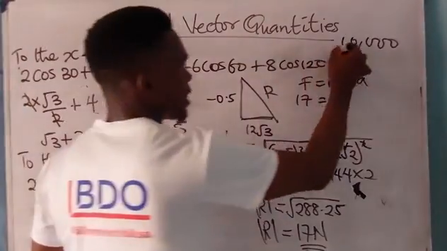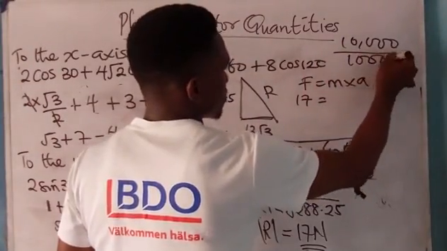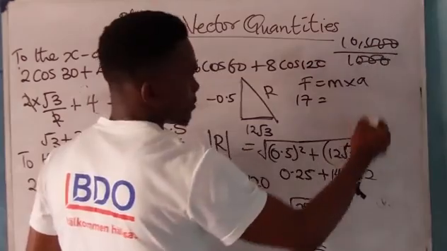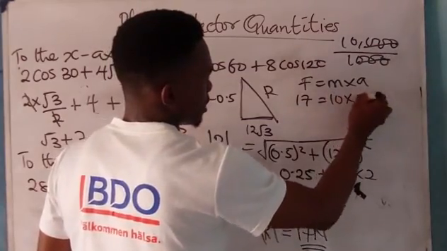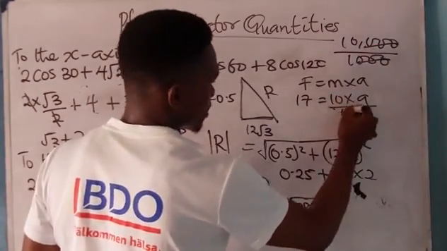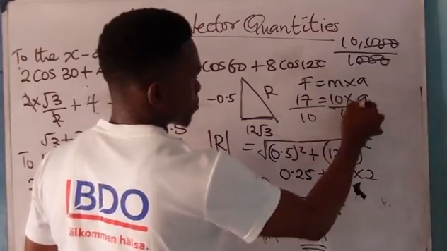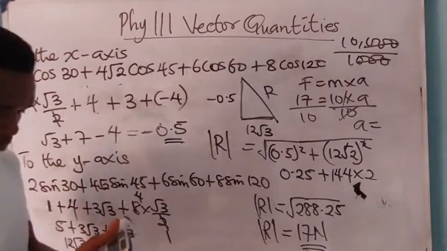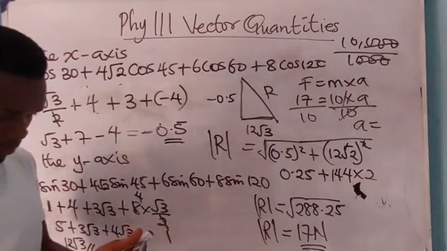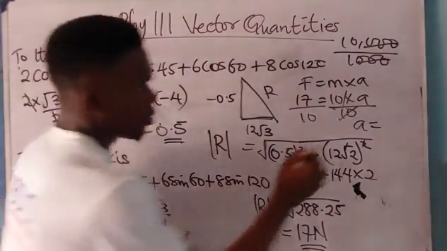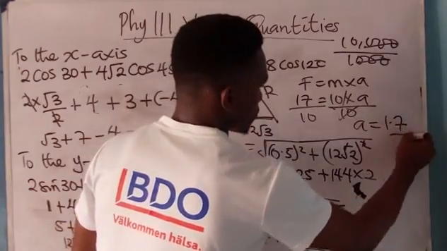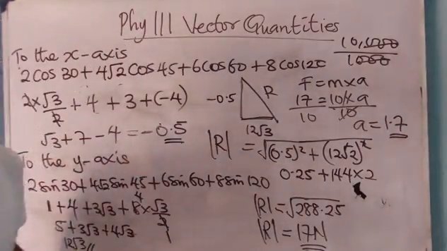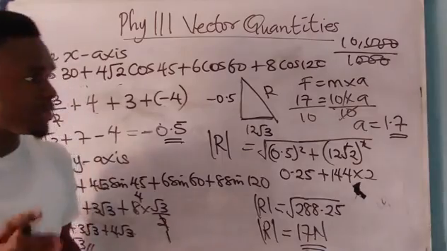That means that we'll divide by 1,000. So I'm left with 10. Then a, what I'm looking for, divide both sides by 10. Which means that a equals 17 divided by 10, which equals 1.7. So that is the answer. Please take note of that.